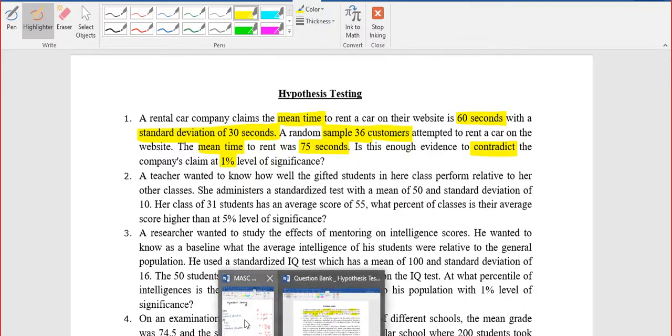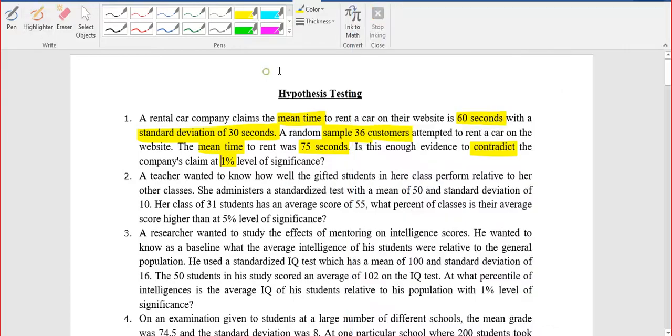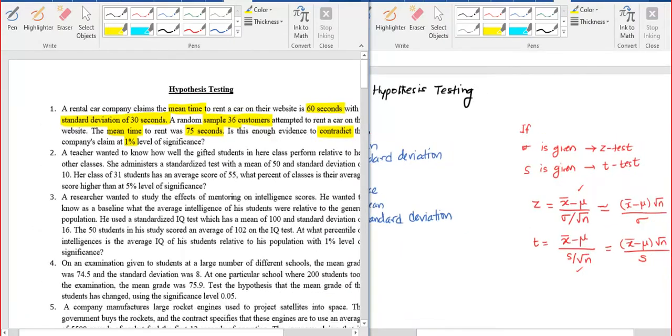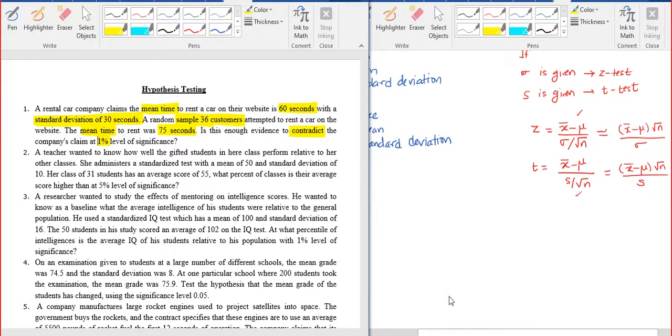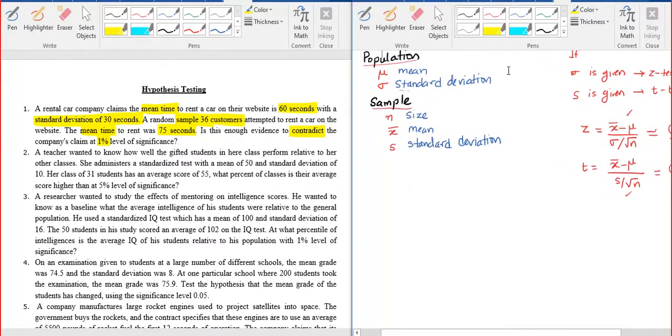So now let's get the information. What do we have? We already highlighted the information for this. Now let's work on it.